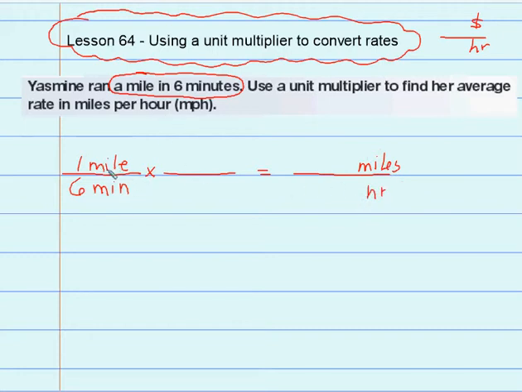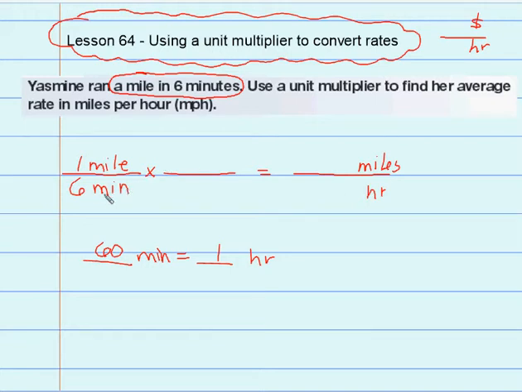So what are we changing here? We have miles, we want to keep miles. We have minutes, we want hours. So we need our unit multiplier, or our fact that talks about minutes and hours. Well, I know 60 minutes is 1 hour, so that's my unit conversion fact that I need to write as a unit multiplier, and I need to put these values in the right location so that our units cancel out.